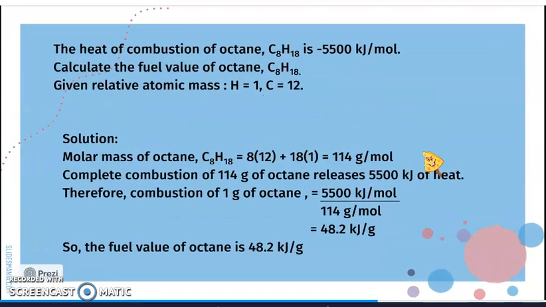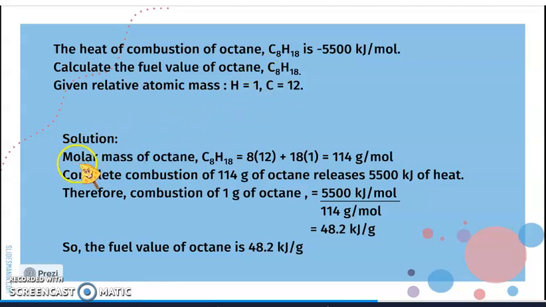For example, the heat of combustion of octane is negative 5,500 kilojoule per mole. So look at the negative sign, meaning that this combustion is exothermic reaction. Maksudnya heat released to the surrounding. So the question wants you to calculate the fuel value of octane. Dia nak kamu kira fuel value of octane. Kita ada heat of combustion. Jadi to find the fuel value, you must calculate heat of combustion divided by the molar mass of octane.